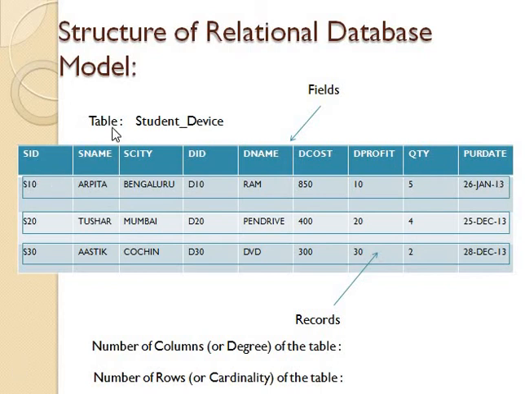So we can say that this table has 3 records in the implementation model, or we can also say that this relation student device has 3 tuples in the theoretical model.